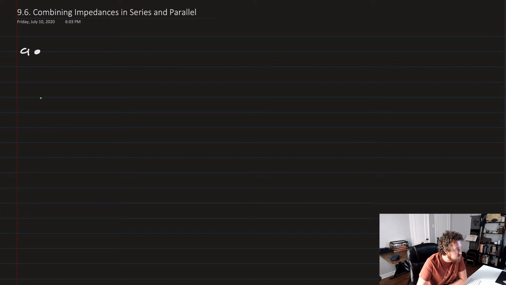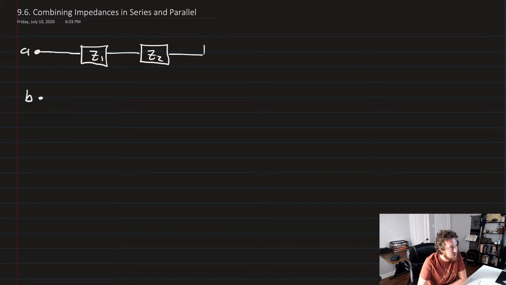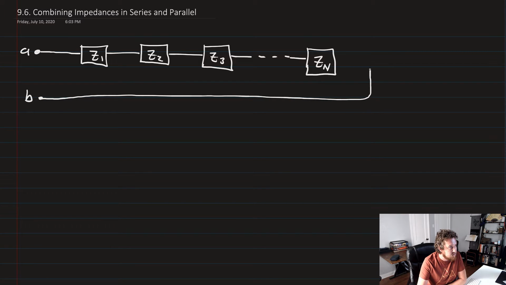Say we've got two nodes, A and B. Forgive my terrible drawing, but imagine that we have an impedance Z1, an impedance Z2, an impedance Z3, all the way out to an impedance Zn, so any arbitrary number of impedances, and they're all connected back to this node, Z sub n.